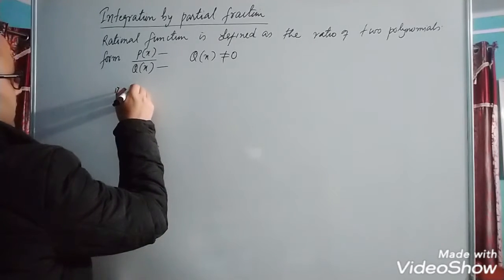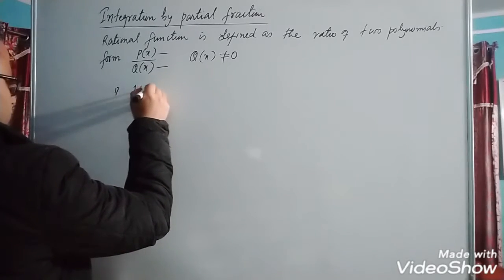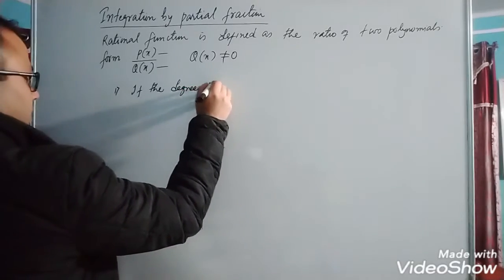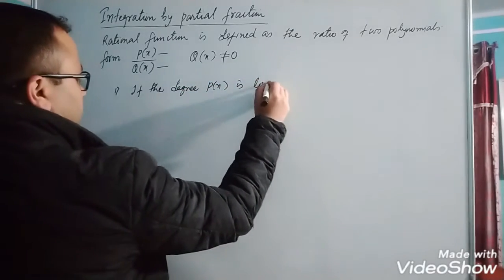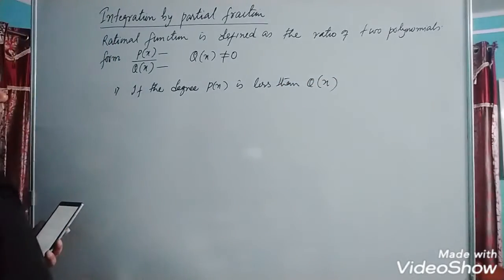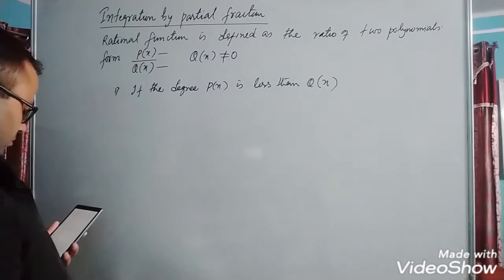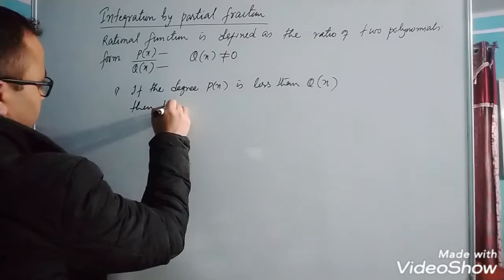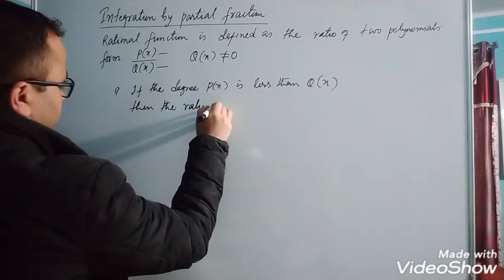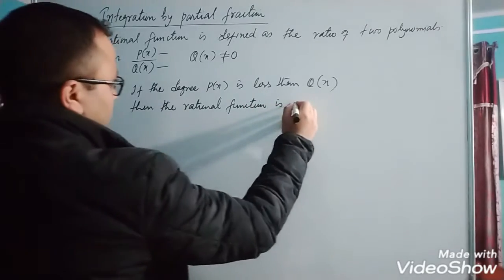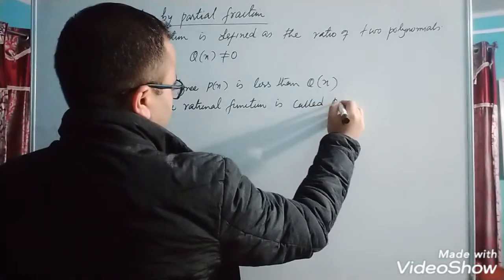Number one condition is degree. If the degree of px is less than qx, that is, if the degree of the numerator is less than the denominator, then the rational function is called a proper function.